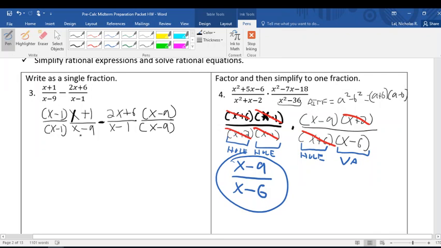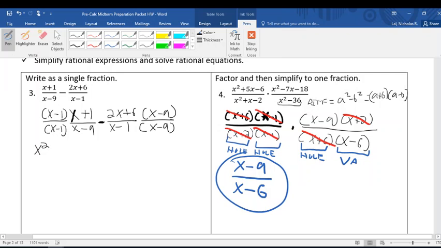And so then you have the equation: (x minus 1)(x plus 1) over, and (2x plus 6)(x minus 9). So what we can now do is FOIL each term. Now we have x times x, which is x squared, x times 1, which is 1x, negative 1 times x, which is negative x.